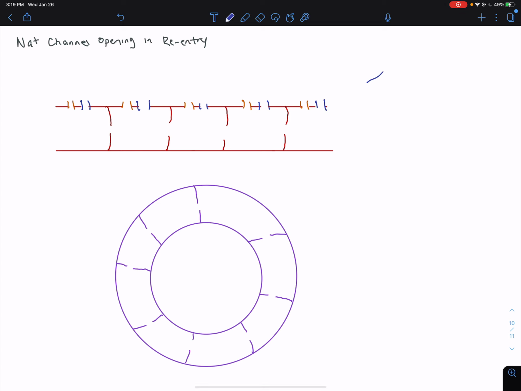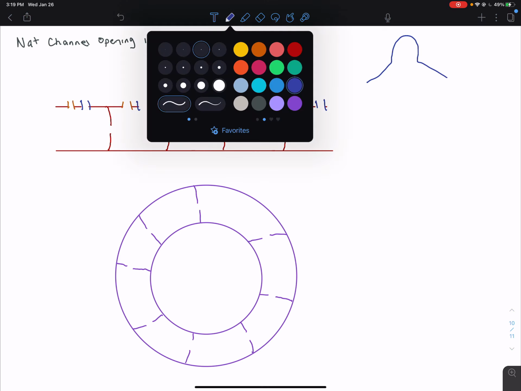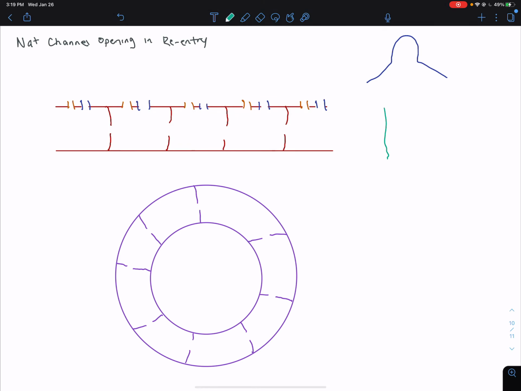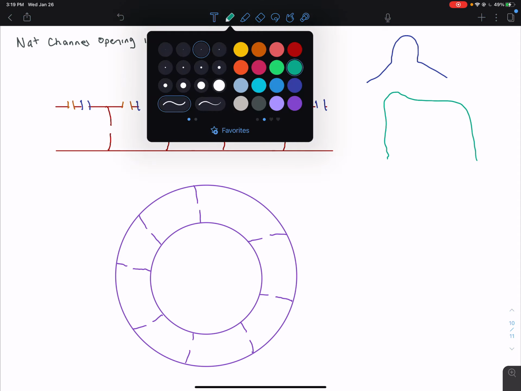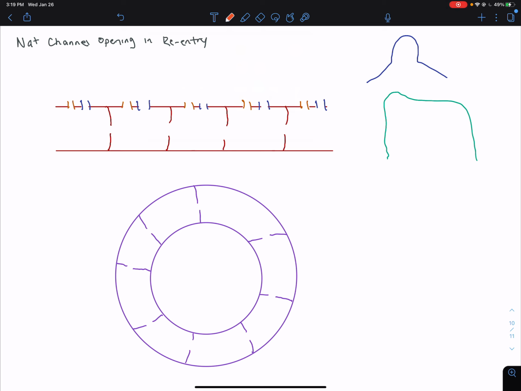So again, if we're looking at pacemaker potential, it kind of looks like this. If we're looking at cardiac action potential, we know it looks like this. In both cases, sodium and potassium play a critical role in depolarization. So in the cardiac action potential, in phase 0 here, we're looking at sodium influx into the cell. And the same thing is happening in order to meet threshold in our pacemaker potential.